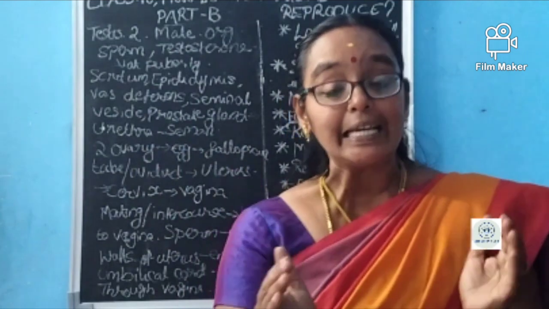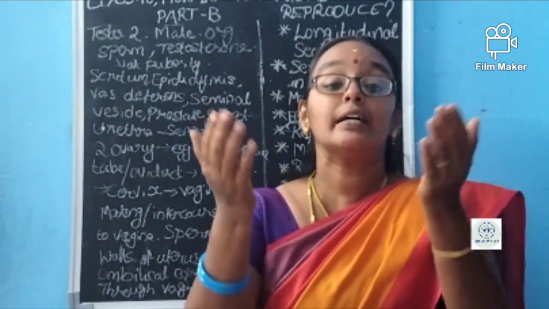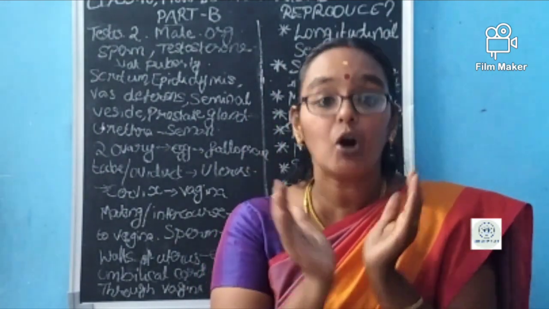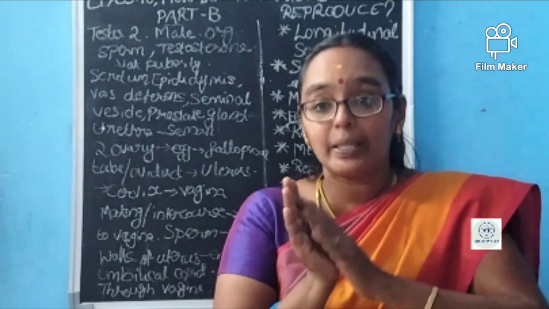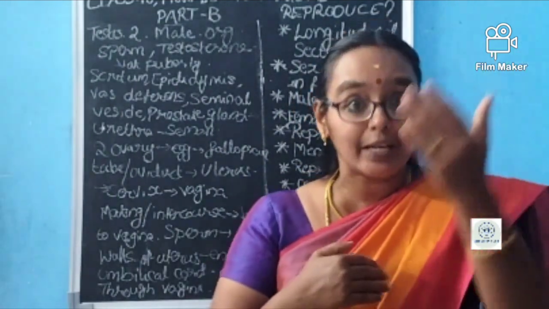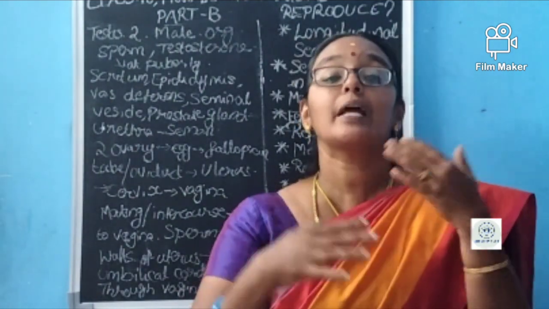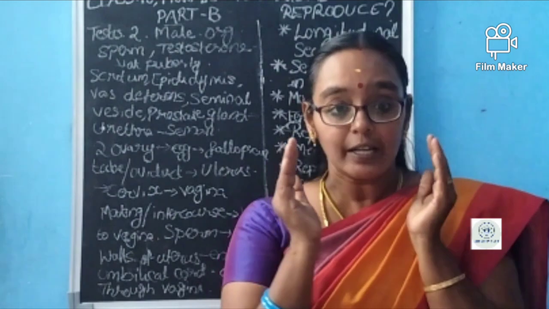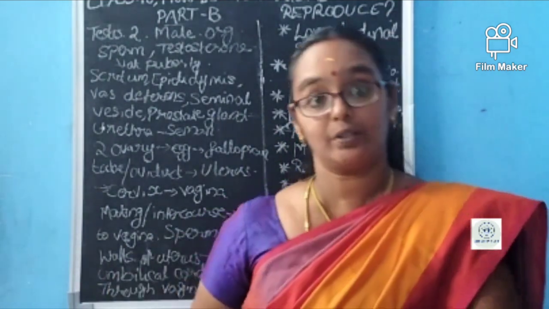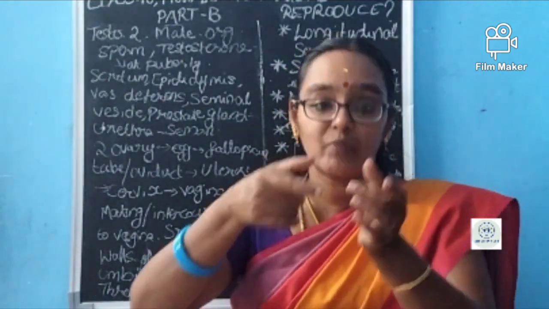But the uterus will make itself ready for the acceptance of the embryo, because the inner wall of the uterus will be thickened, and there will be many more blood vessels there for receiving what, no? For receiving this embryo. But all the time it is not happening. So after a certain period, this blood and these blood vessels will be oozing out from the female body through the vaginal opening.